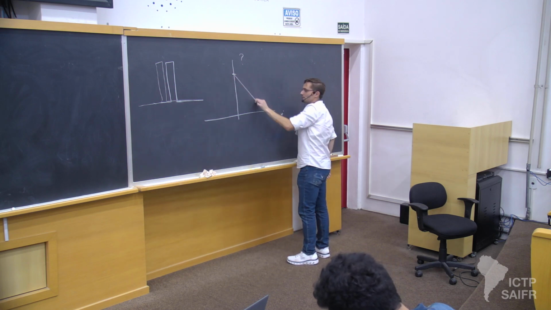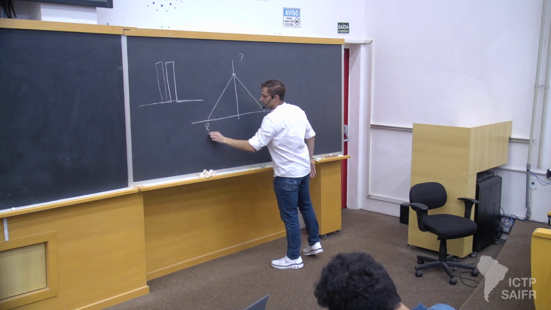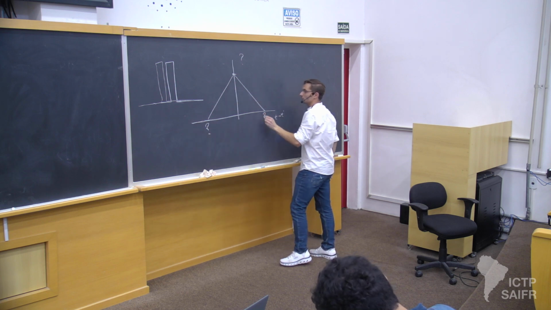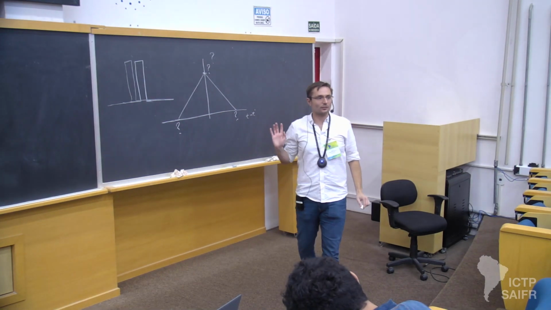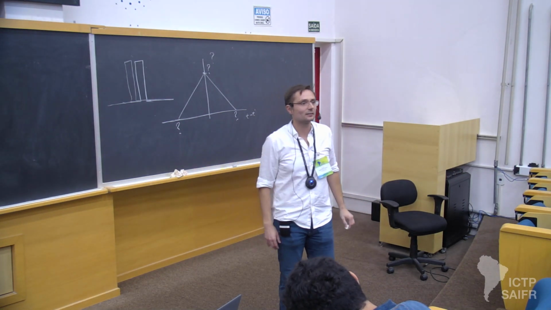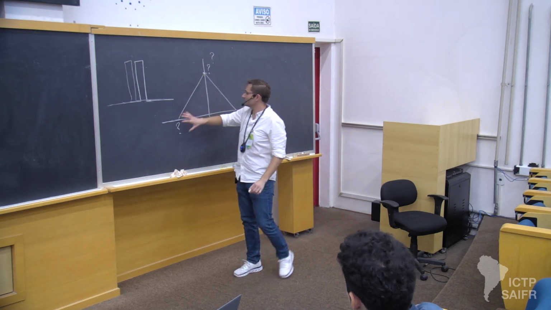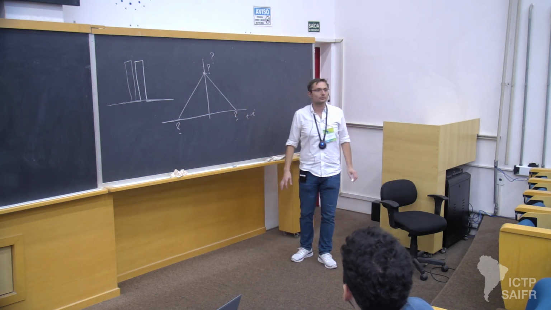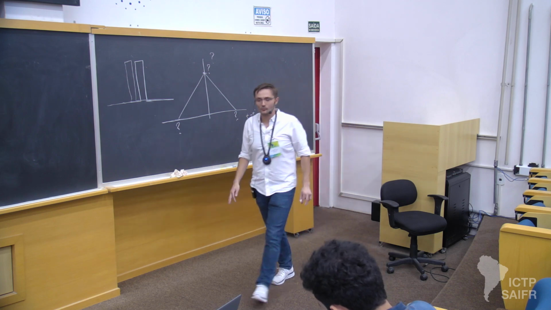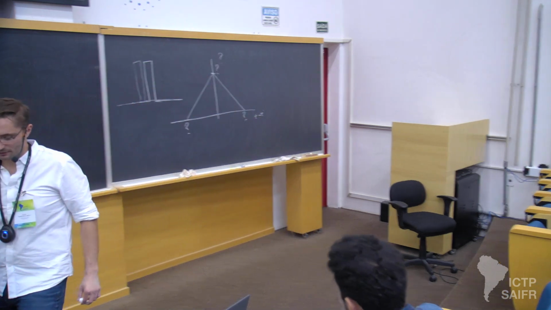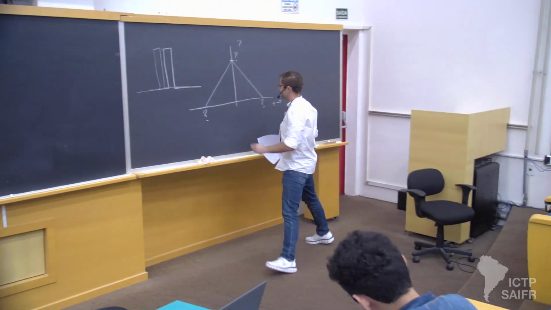So basically, the only thing I'm going to tell you is that it's a triangular function, because it's the only thing I need. And it has a maximum value here, and it has some extent. Actually, I think you are lucky because I need to give the numbers to take the limits.